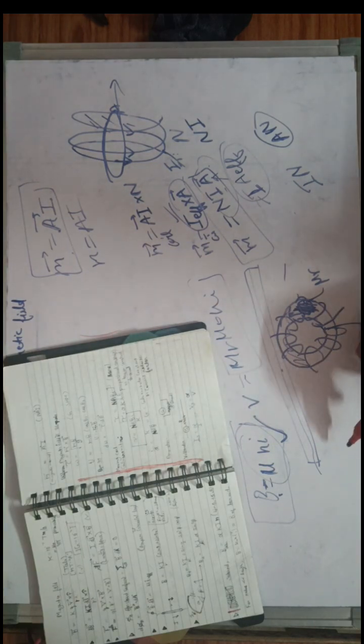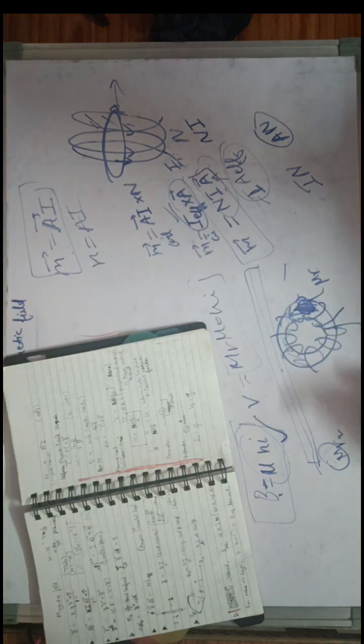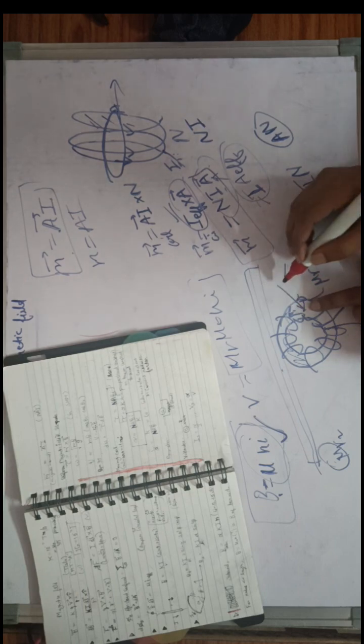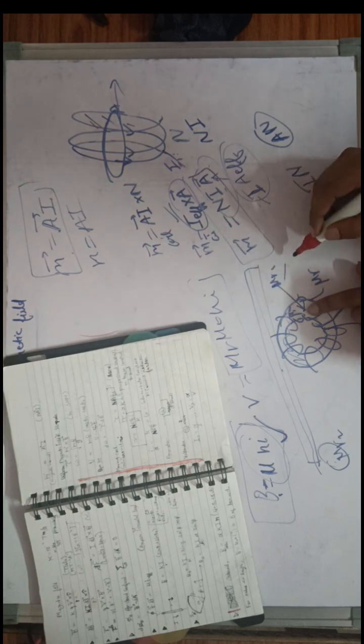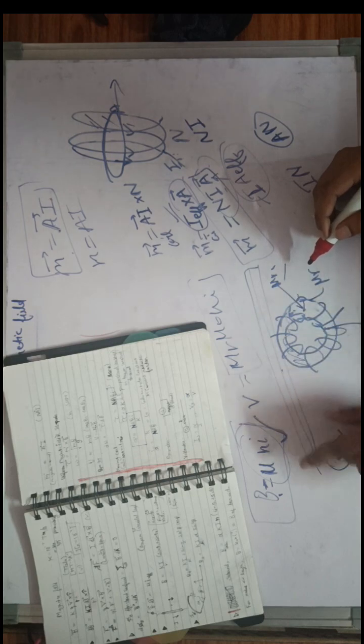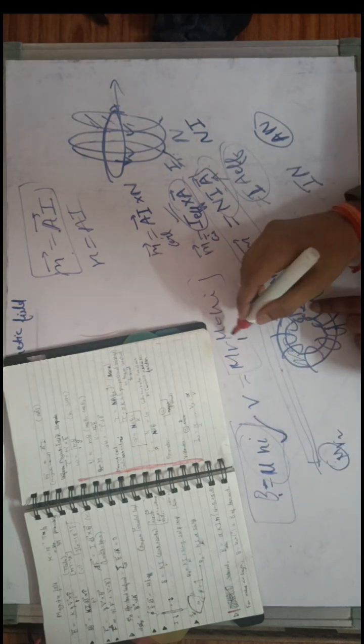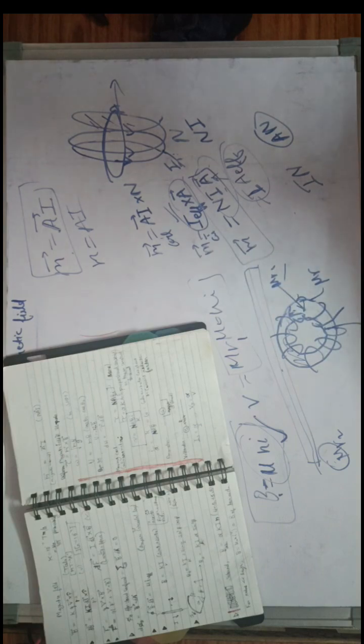It doesn't matter if there is any material of some other permeability here. If I want to find the magnetic field at this point, then I will have to put the value of permeability here, mu r1, which is the permeability here. Then only the magnetic field at this point will be given as mu r1 into mu naught Ni.